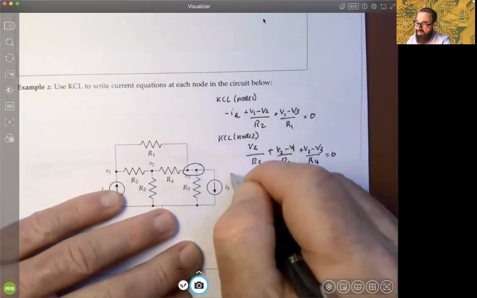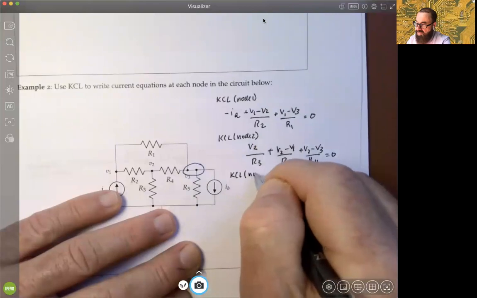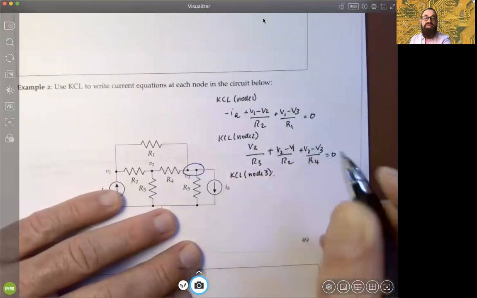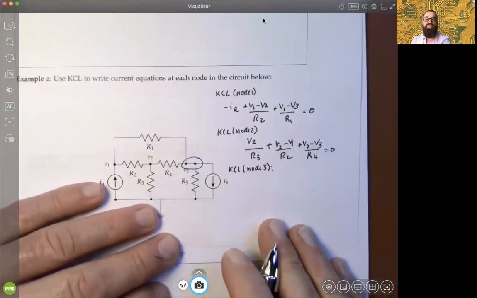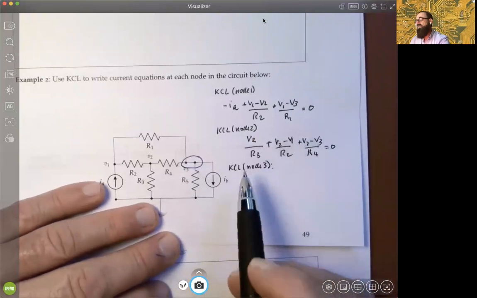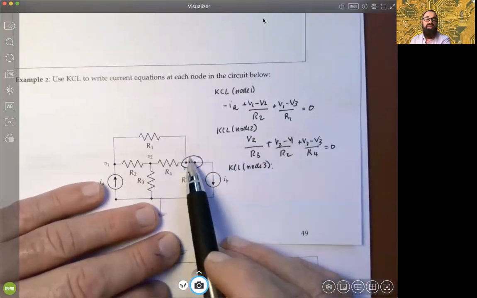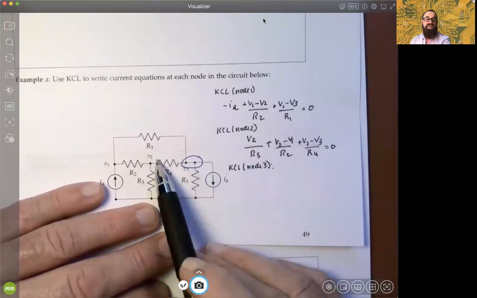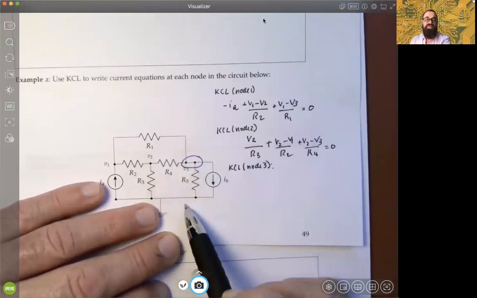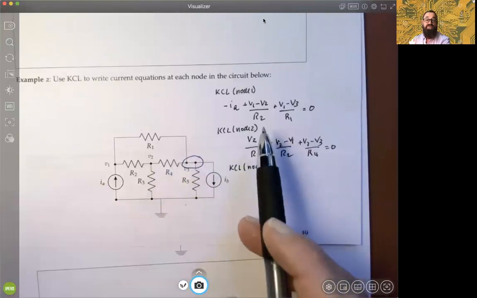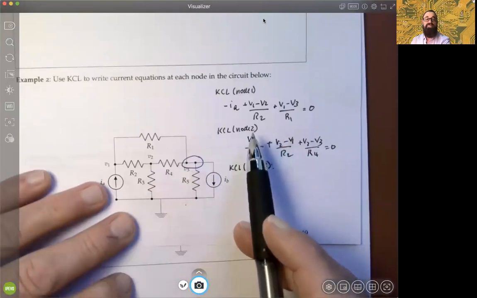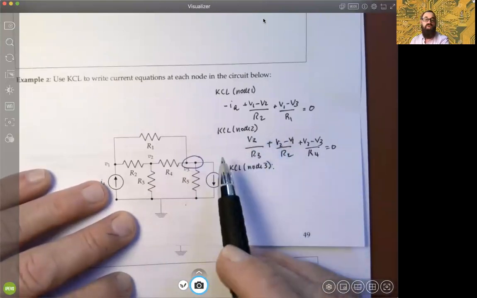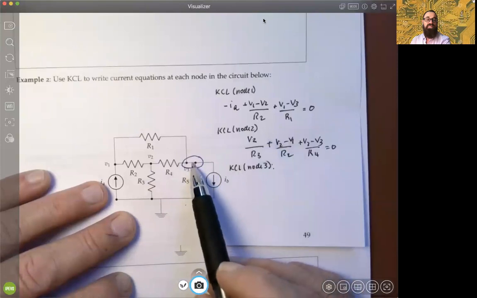And then finally, KCL at node 3. Being careful here, how many components are we going to have? There's a current going to the top, to the left, down through this resistance, and then over to the right. So you have a total of 4 components this time. Let's start off with going up.